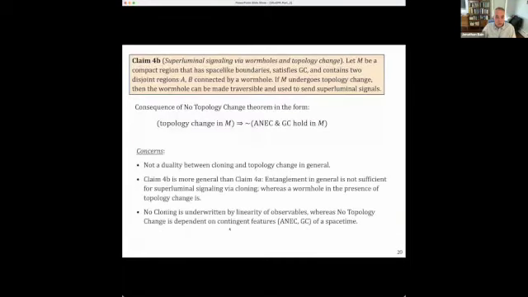Whereas no topology change seems to be dependent on contingent features of the spacetime, in particular, right? These two conditions. Okay, so again, there are disanalogies associated with this type of evidence for ER equals EPR.